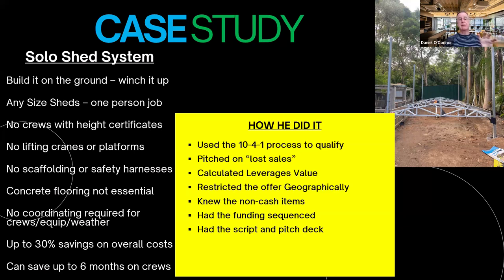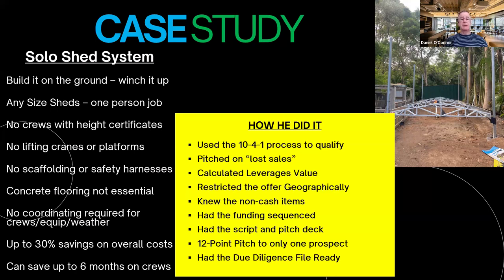He was able to pull out the templates from the online self-paced learning that we had with the Inventors Academy, and we helped him and he got it all together. He then did his 12-point pitch, and he made that pitch to only one prospect, and he got funded. So at that point, he had his due diligence file ready, and it was all good to go.